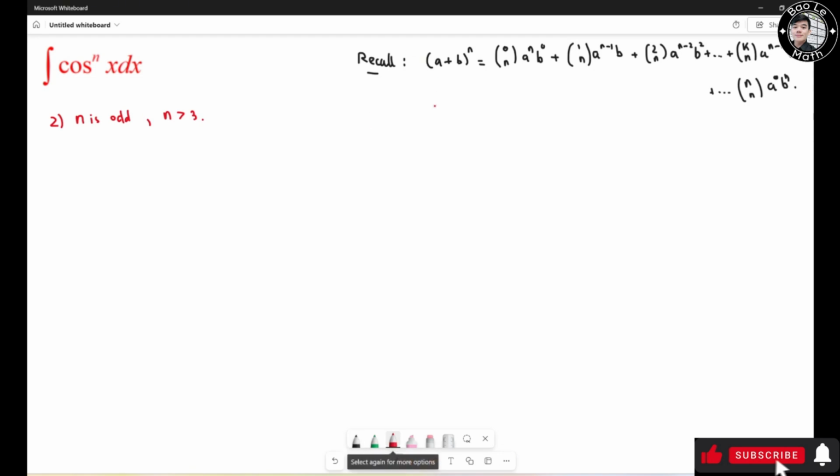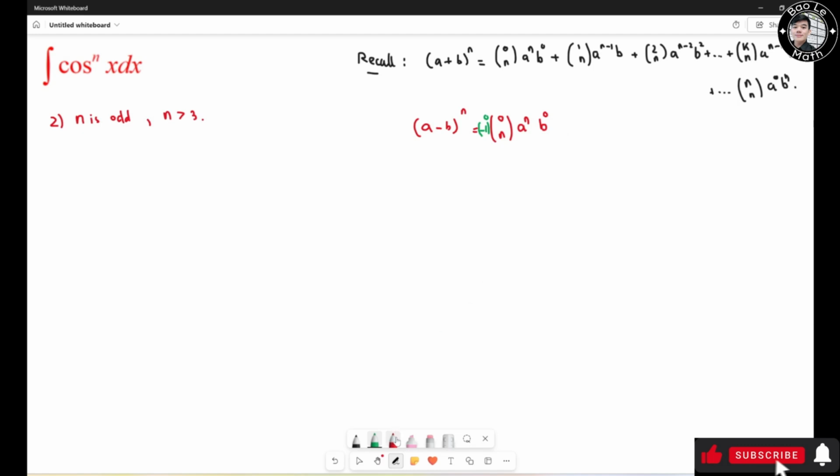The second one, if we have a minus b, so we have a minus b to the n. It's going to be the combination of n and 0, a to the n, and then b to the 0. We put negative 1 all together, to the power of 0 right here.